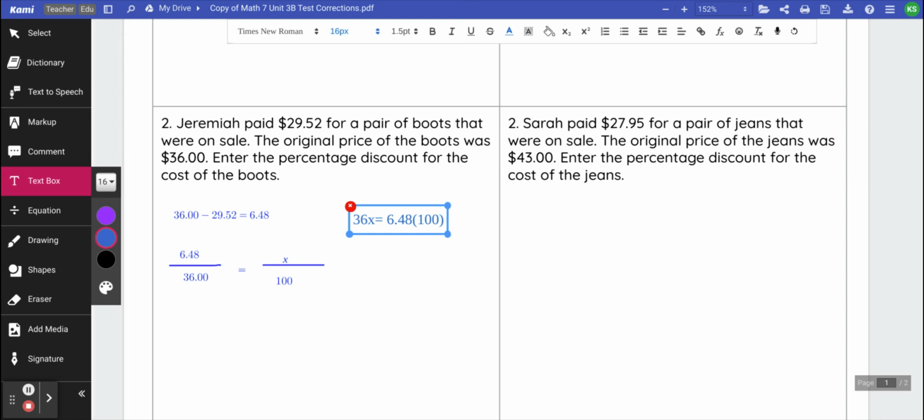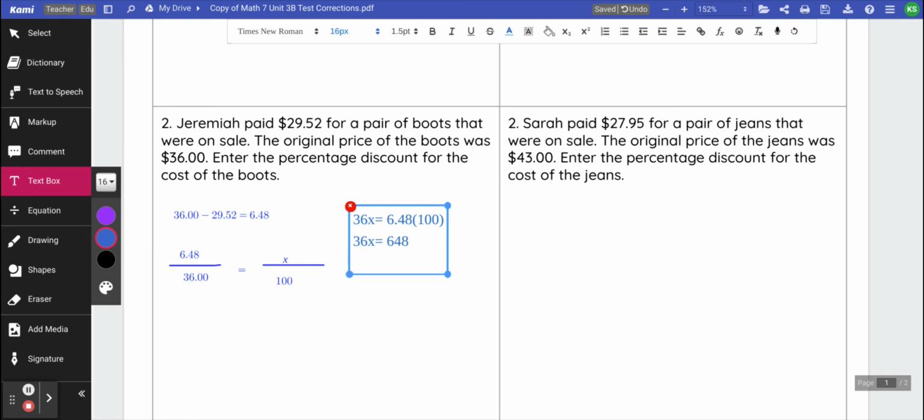I can't do anything with the 36x. So 36x is equal to, and if I multiply 6.48 times 100, I get 648.